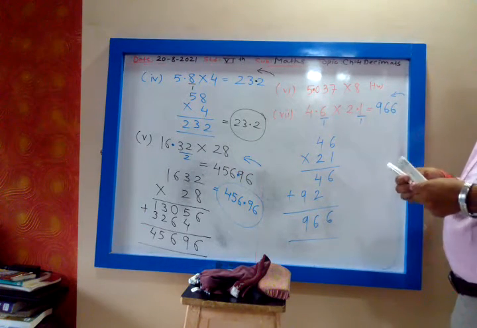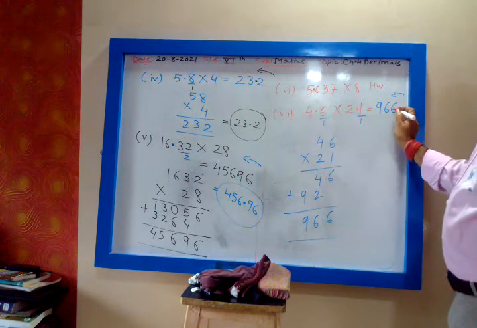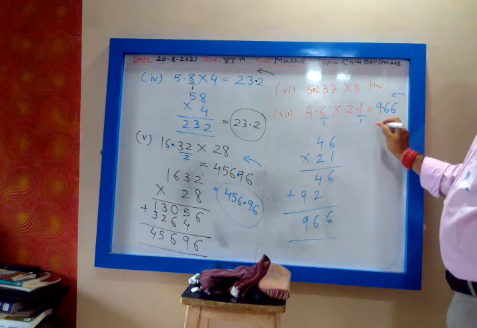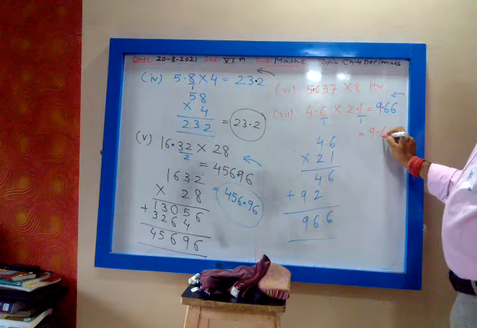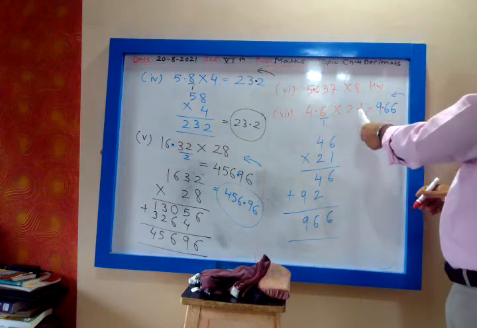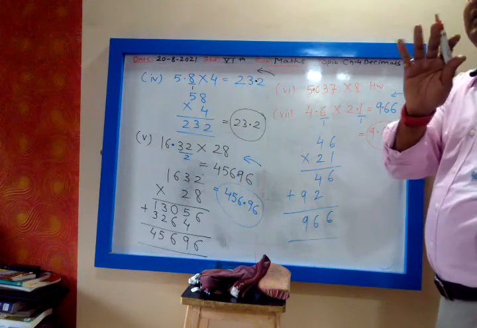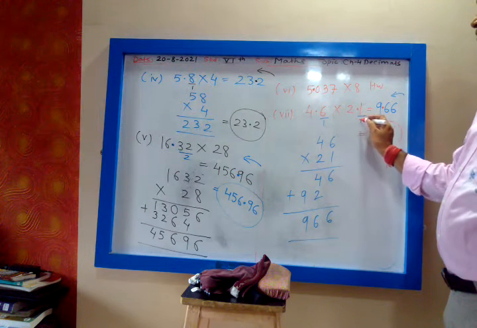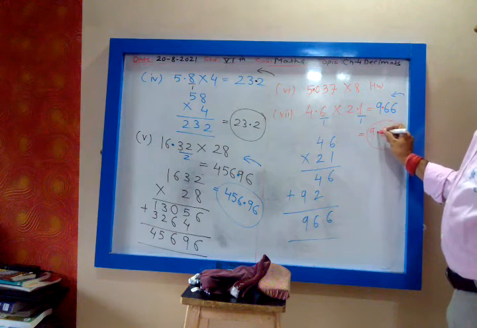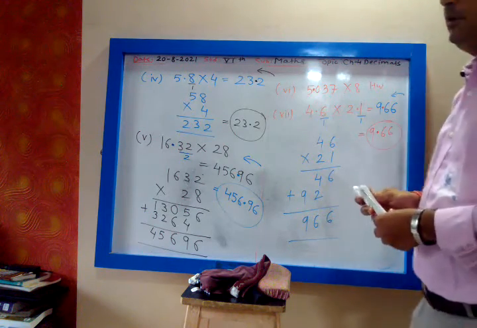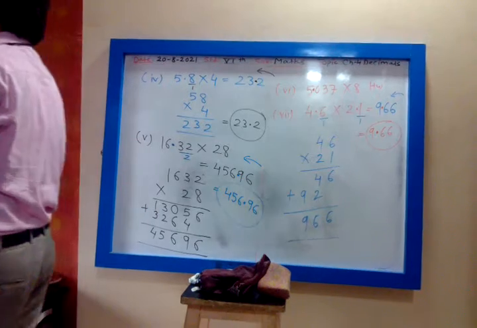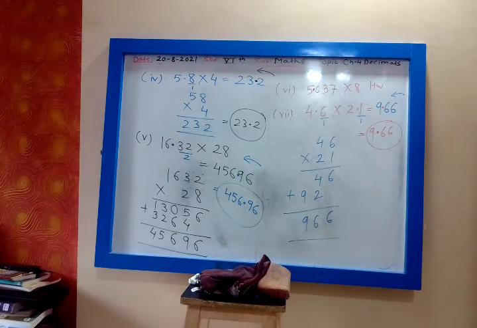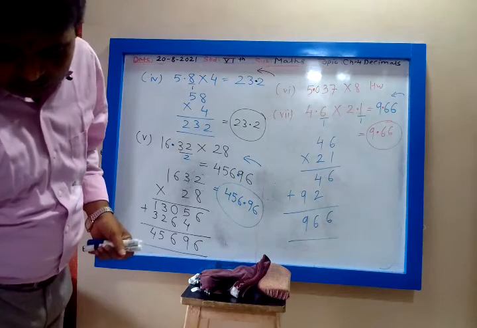After how many? 1 plus 1 is 2. See here, the number of decimals in the product will be the sum of the decimals in the multiplicand and multiplier both. So you have to place the decimal after 2 digits from the right side. Okay, so remember this. 9.66.